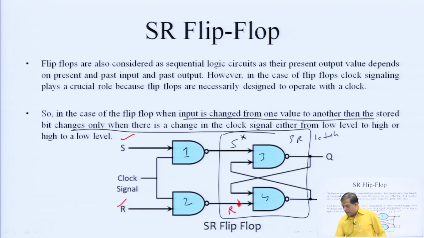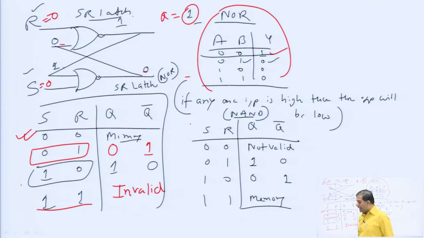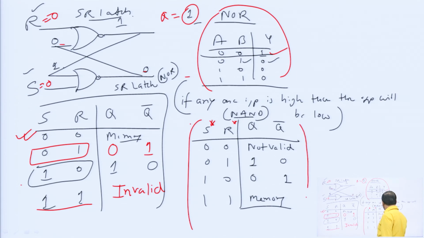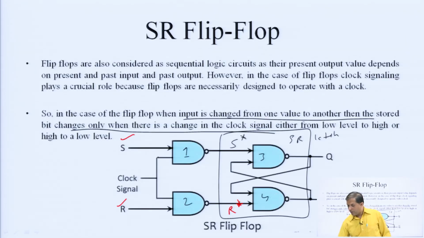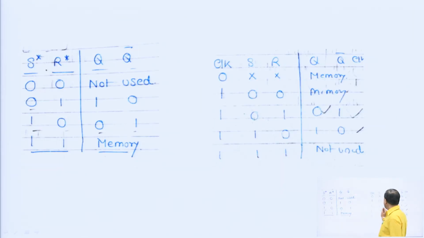So, we can check the SR latch, with S star and R star. This will be the truth table for the latch part: not used, 1 0, 0 1, and memory.